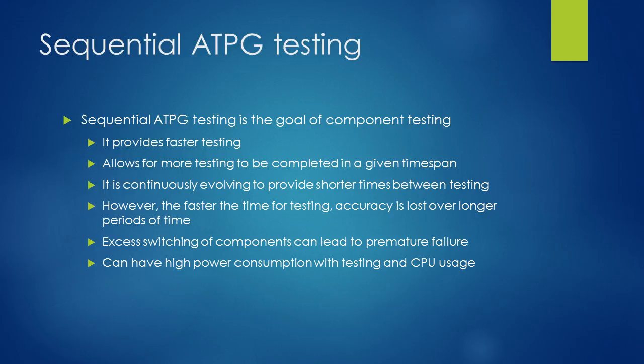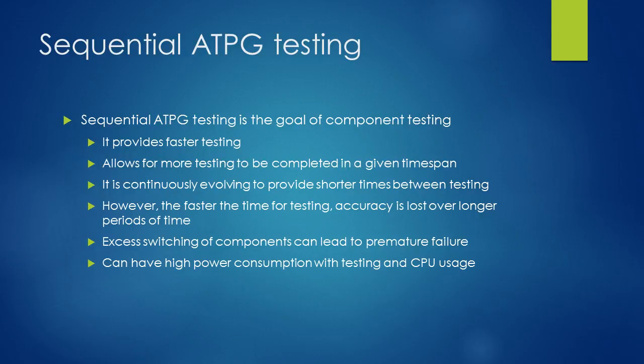The downsides are, however, that the faster the time for testing, the more accuracy is lost over longer periods of time. This really means that while performance is increased over the shorter time frame, the propagation of losses can become greater over the n times amount of components being tested.